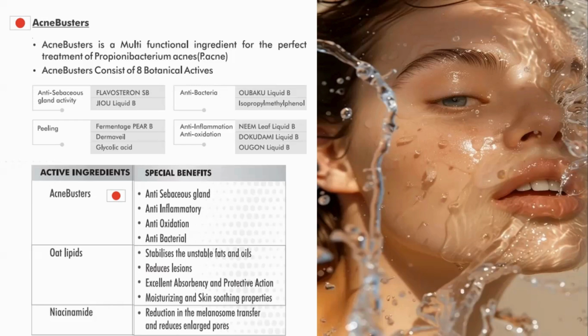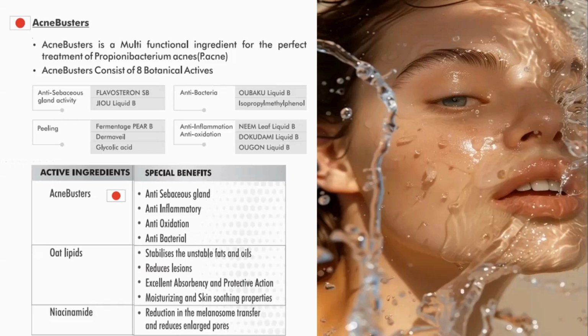It will try to reduce such acne. There will be huge protective action from the oat lipids, and there will be moisturizing and skin soothing properties from oat lipids. Then the third ingredient which we have got in our TUBELiTE Akneklenz is niacinamide, which is for the reduction of melanosome transfer, and it tries to reduce the enlarged pores.